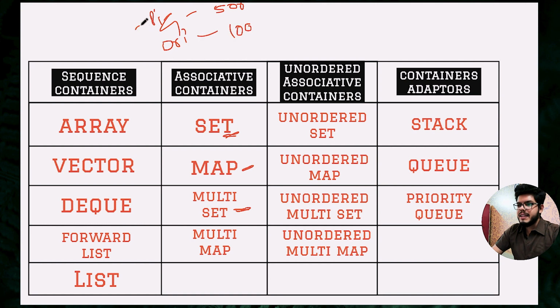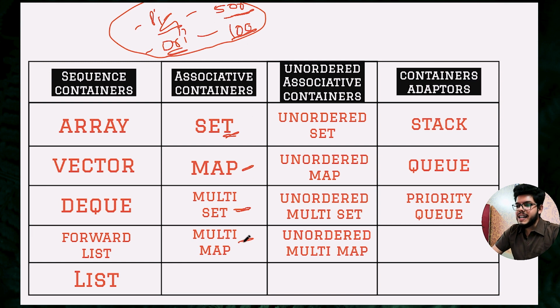So you buy a pizza and you buy a drink and all the costs are associated with it. So this pizza and this drink, these are the keys, and this 500 and this 100, these are the values. So map stores all these pairs in the form of a BST. Okay, and the keys will always have unique values here.